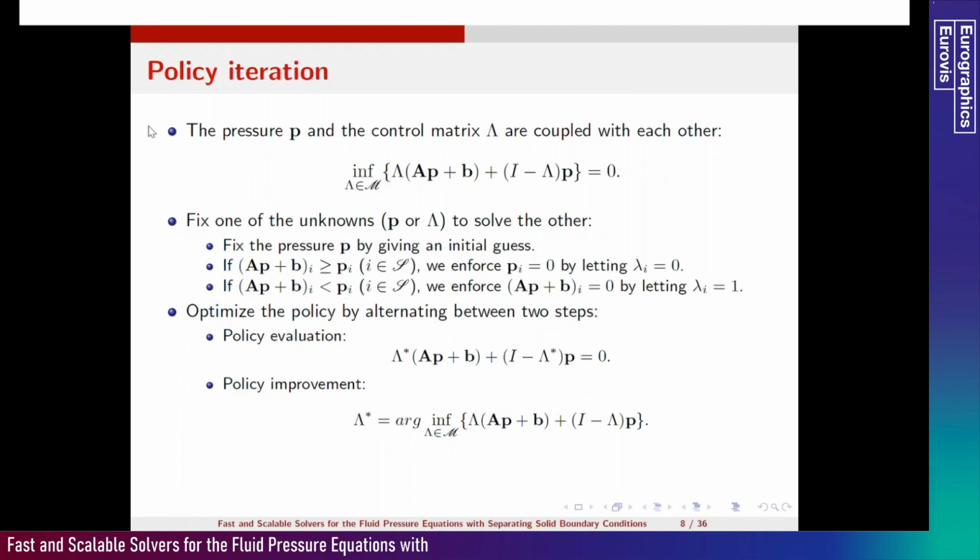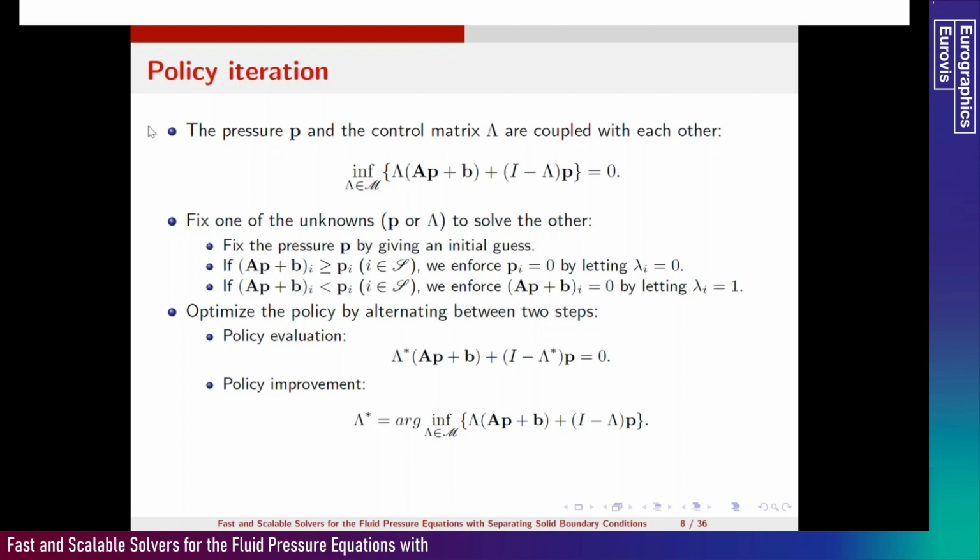As we can see, the two unknowns, the pressure and the control matrix, are coupled with each other. The idea of porosity iteration is to fix either one of them, which allows us to solve the other one. For example, we fix the pressure, and we can determine the porosity lambda i for the rows corresponding to the boundary cells in order to produce the minimum value. Then we can evaluate the new pressure with the updated porosity.